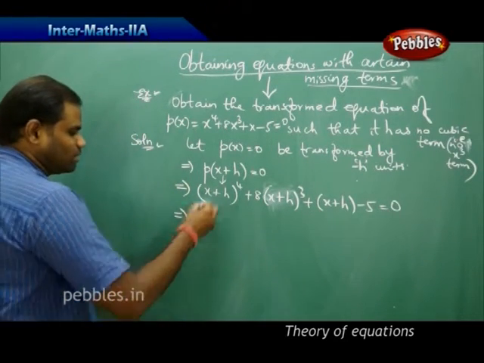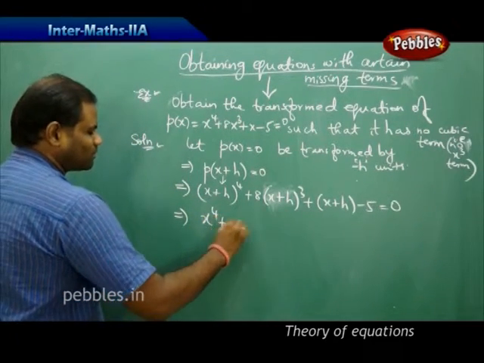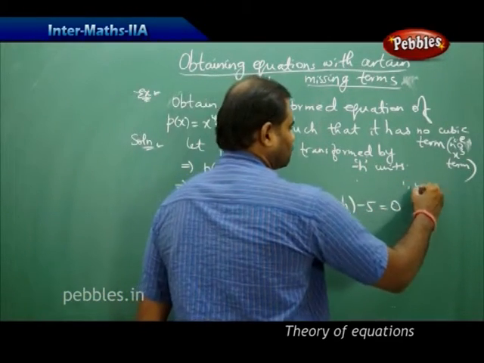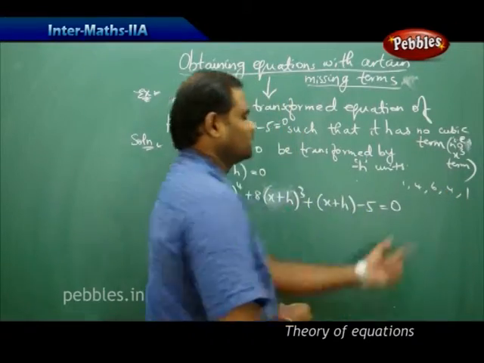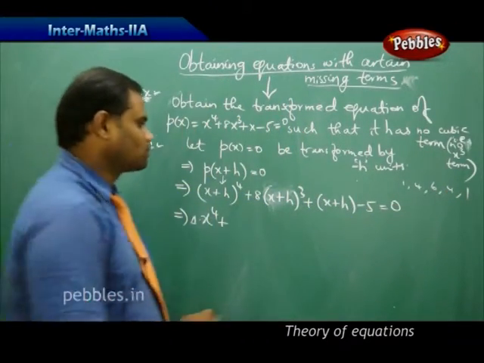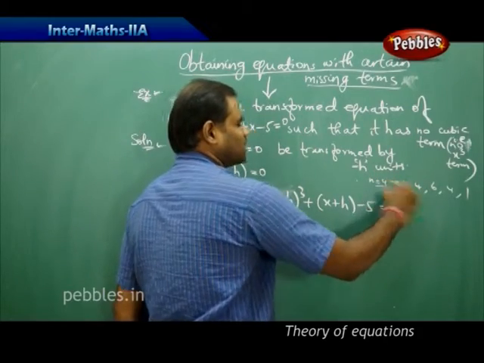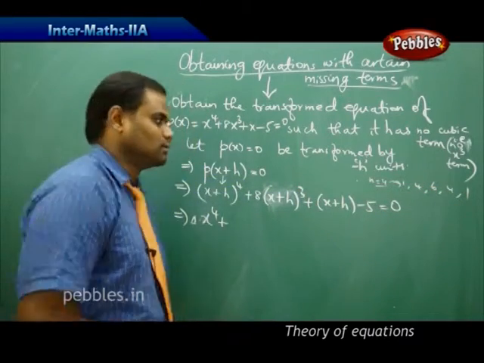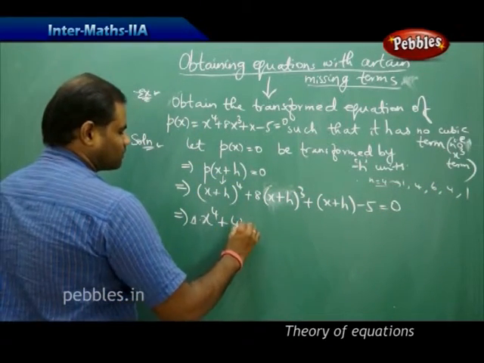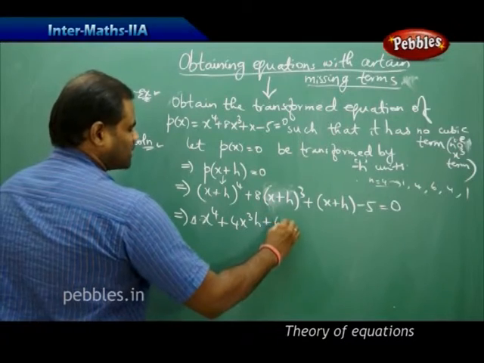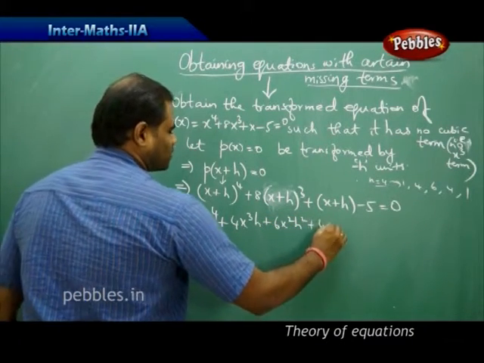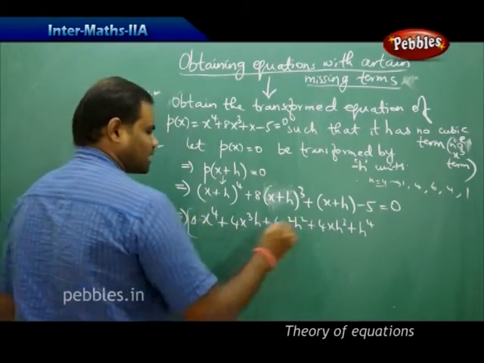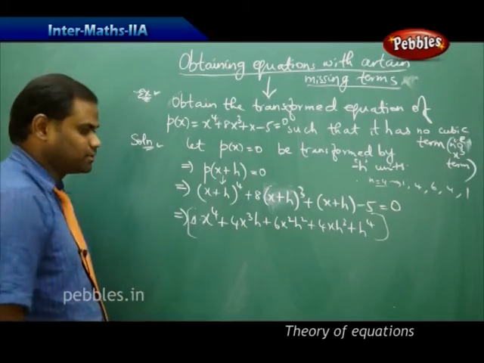Now in this I need to expand the powers of 4 and 3 using the binomial expansion. We know that for n equal to 4, the binomial coefficients are 1, 4, 6, 4, 1. So I get x power 4 plus 4 times x cube h plus 6 times x square h square plus 4 times x h cube plus 1 times h power 4 in my first binomial expansion.